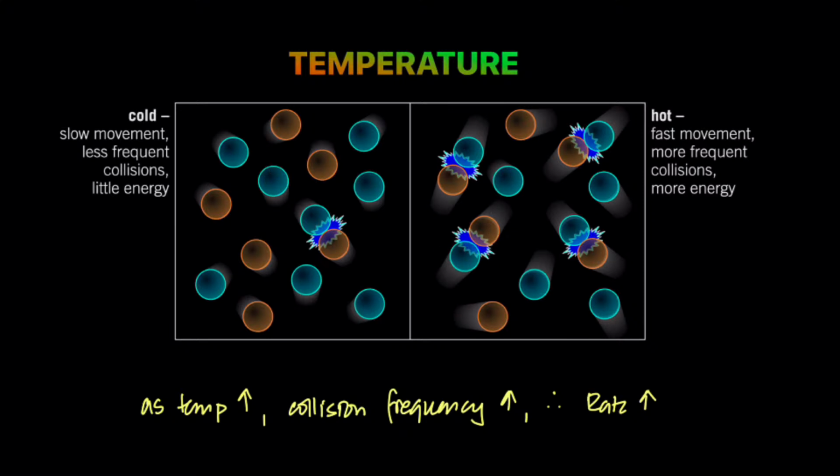If you move slower, you bump into fewer things per second, because rate is always bombardments, successful collisions per second. So far okay?